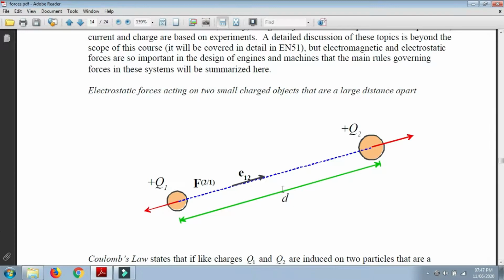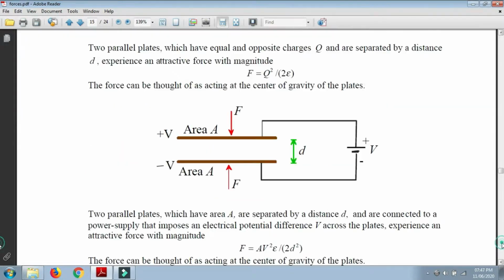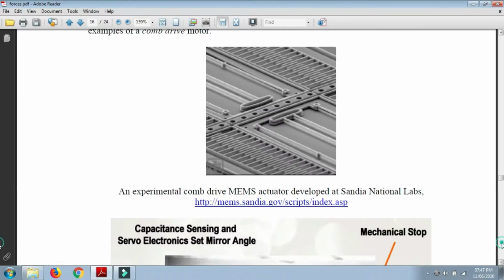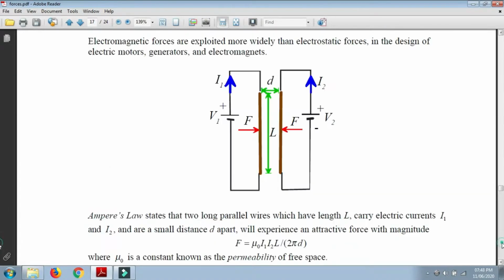Here, depending upon the charges Q1, Q2 and the distance between them, Coulomb's law explains it in more detail. Since we are doing statics, we won't go into the electrostatic effects, but you can read it for your knowledge.